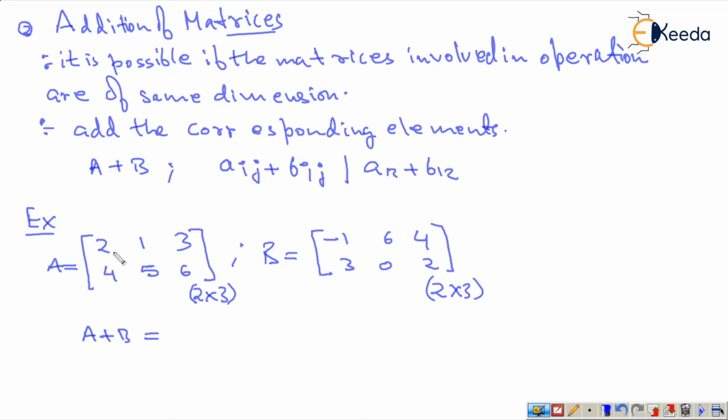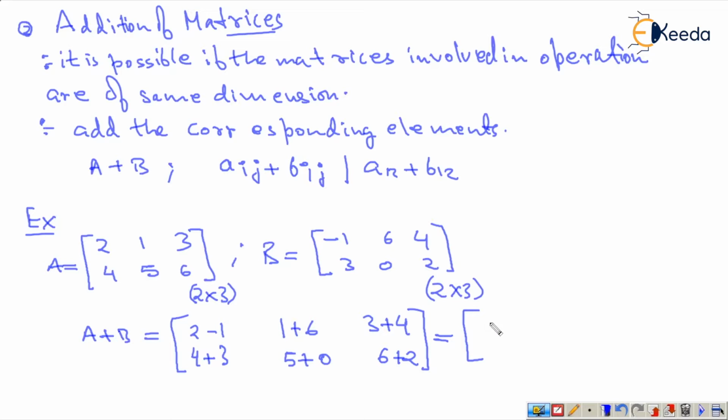And now 2, which is A11, should be added with -1, which is B11. So it is 2 minus 1, 1 plus 6, 3 plus 4, 4 plus 3, 5 plus 0, and 6 plus 2. So this gives 1 7 7 7 5 and 8.